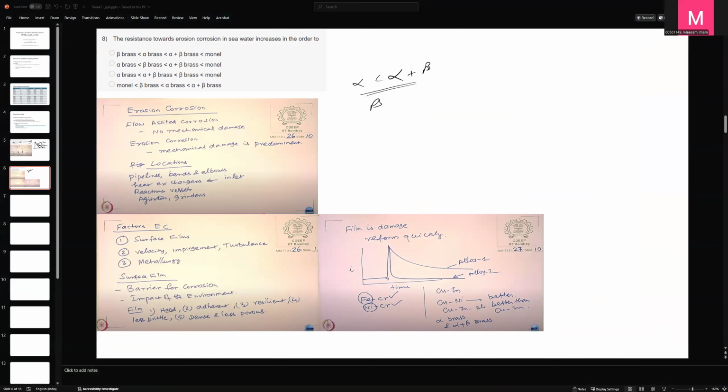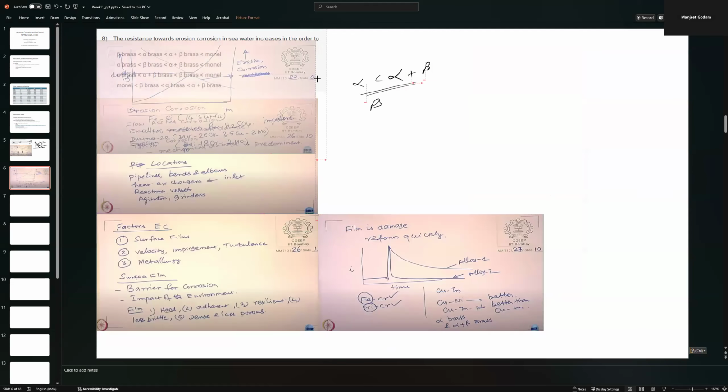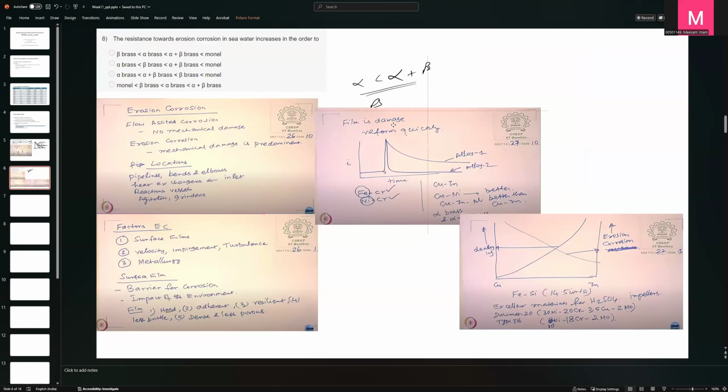On one scale, the professor has shown de-alloying, and on the other scale, the professor has shown erosion corrosion.